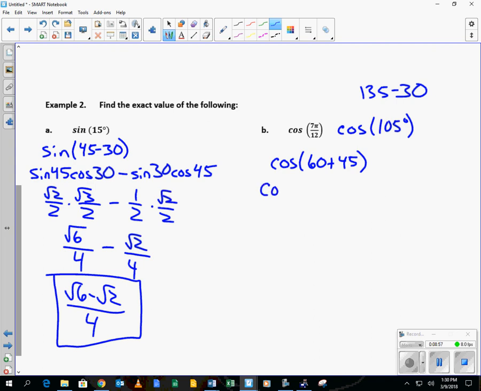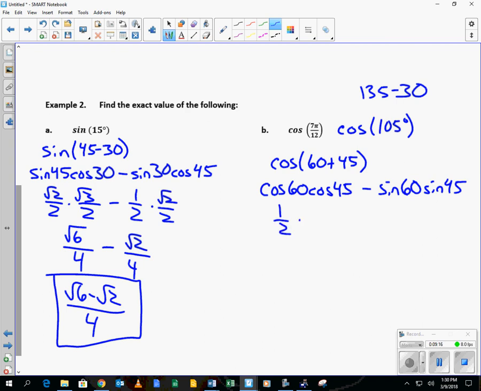So I've got cosine of 60, cosine of 45 minus sine of 60, sine of 45. Do you know the exact value for cosine of 60? What is it? 1 over 2.